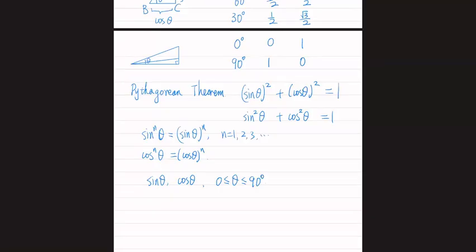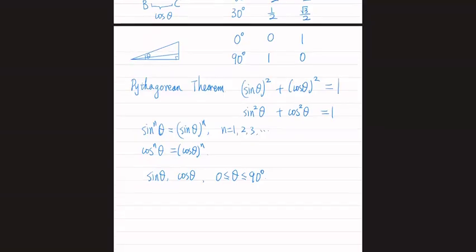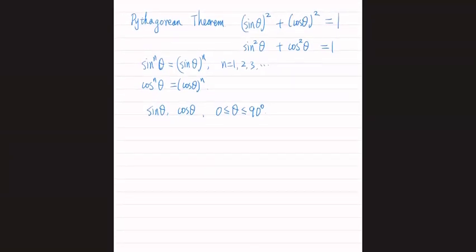How do we generate this? If an angle is bigger than 90 degrees, what happens? How do we define sine and cosine?